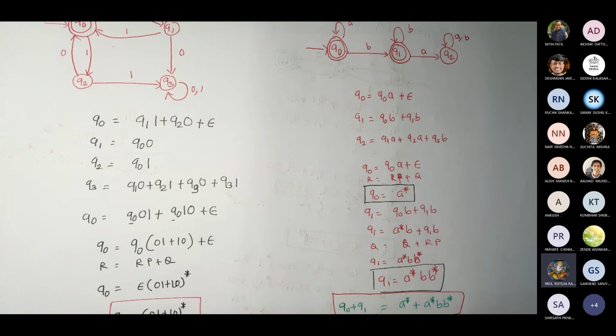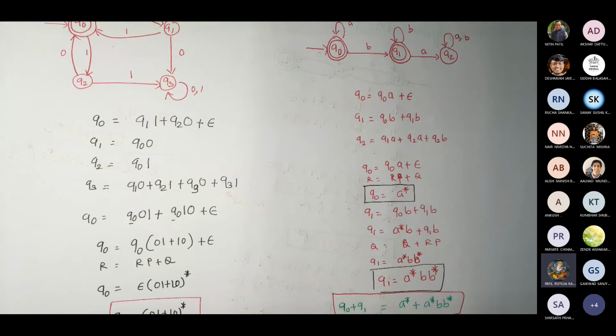Then we have to solve for the final states, so there are two final states. First we solve for Q naught, which is already in the form of Q plus RP. So for this equation, your solution becomes R equal to QP star. So Q naught is equal to A star.